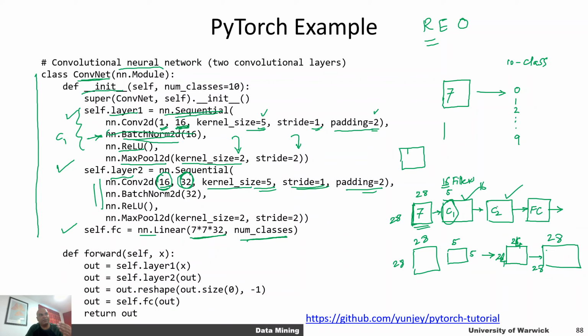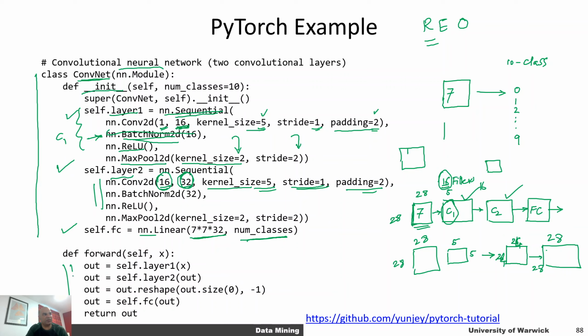Then each of those 16 channel images goes through convolution with filters: there are 32 different filters, each of size 5 by 5, and that means you're going to get a 32 channel image at the output, which is the convolution output of these filters.